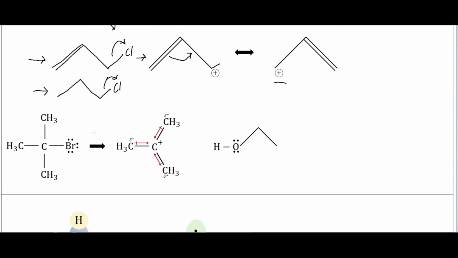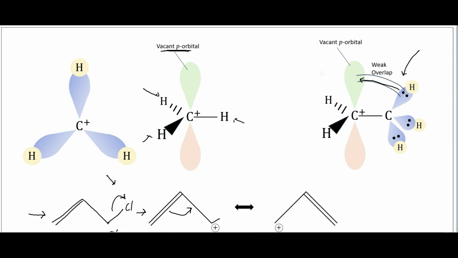But yeah, so speaking of this halogen leaving, we can have this bromine here. We have the electrons go to the bromine, so we form this positive charge. And then we have the inductive effects where these things bound to it here, these carbons here, can donate some of their electron density, so we can have this weak overlap here.